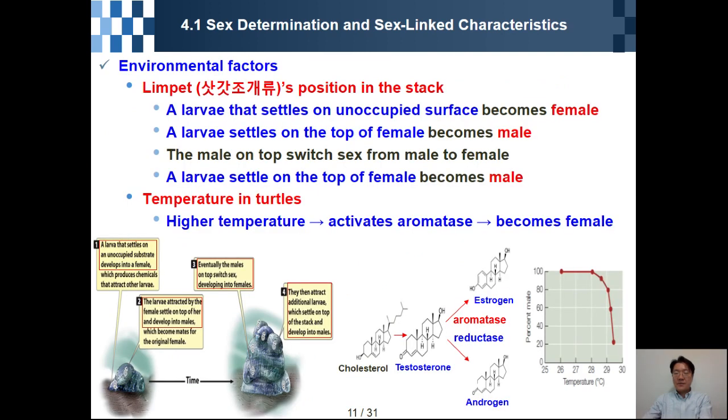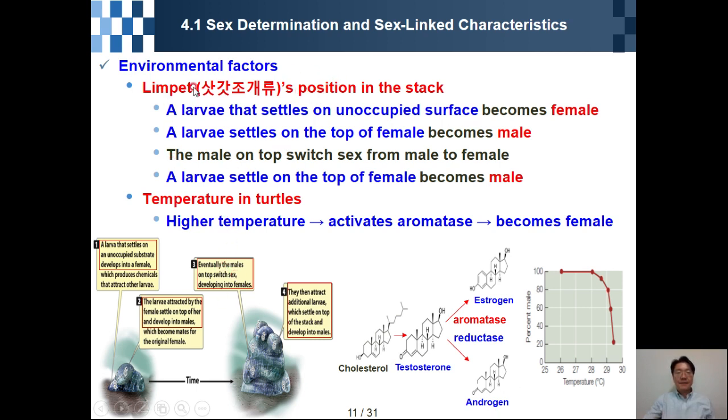Okay, in the next slide I will explain another sex determination system, which we call environmental factors. There are two environmental factors: one is position, the other is temperature. Let's start with position.